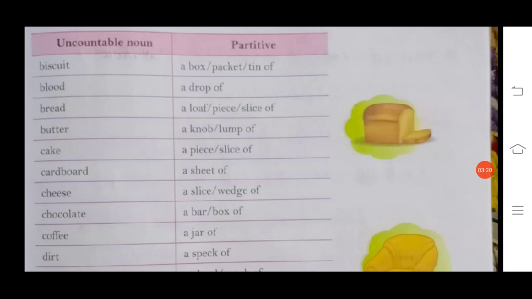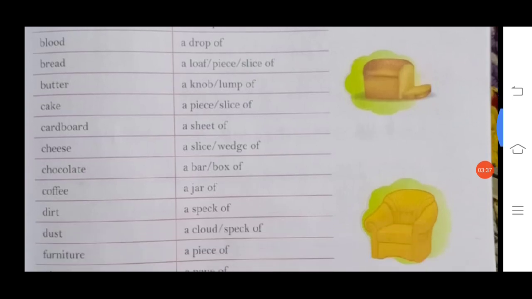Butter, a knob of butter, a lump of butter. Cake, a piece of cake, a slice of cake. Cardboard, a sheet of cardboard. Cheese, a slice, a wedge of cheese.